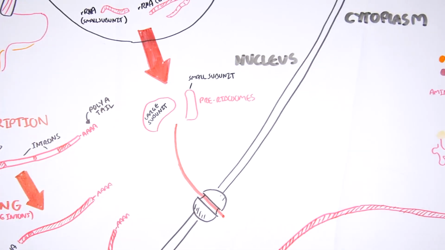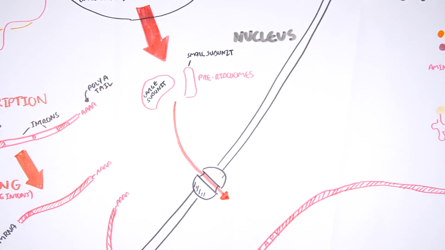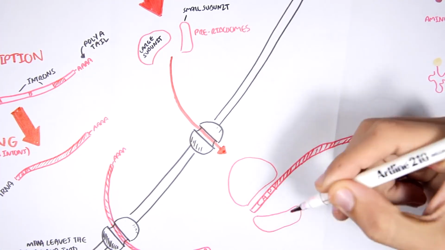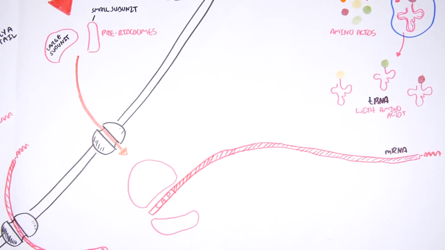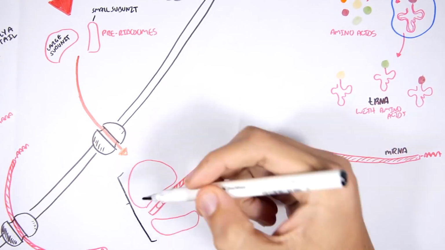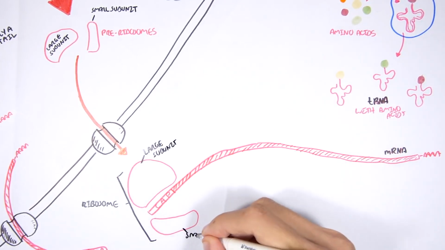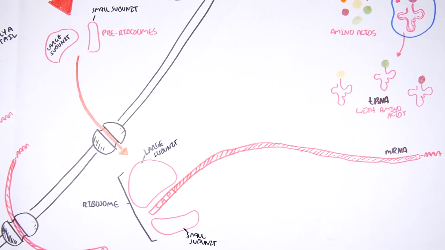Within the cytoplasm, the small and large subunit will attach to the cap end of the mRNA, like so. So here we have a functioning ribosome with its large and small subunit attaching to the cap region of the mRNA.